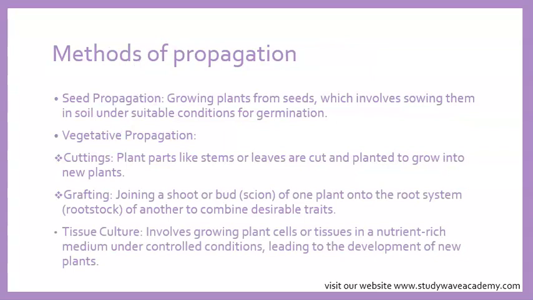Methods of propagation. One method of propagation, seed propagation. Growing plants from seeds, which involves sowing them in the soil under suitable conditions for germination, okay? Growing plants from seeds by planting them in the soil.